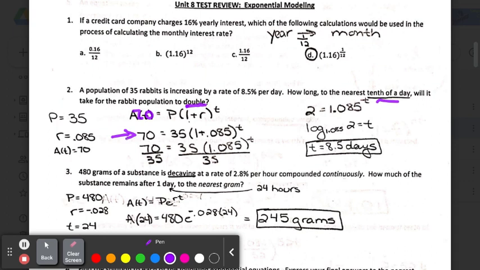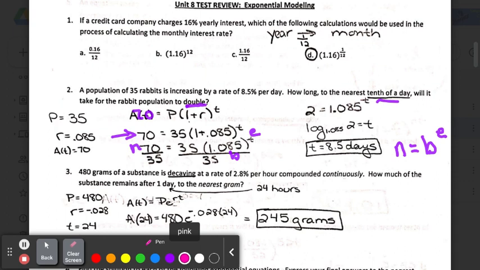When you're solving and the variable is in the exponent, you have to use a logarithm. So right now we have number equals base to the exponent. To solve using a logarithm, you have to get just your base, exponent, and a number.